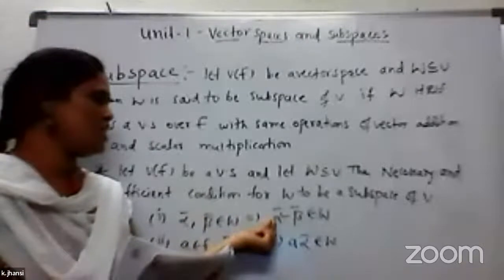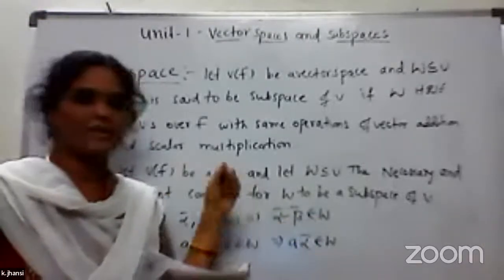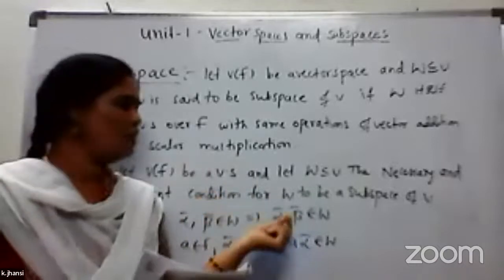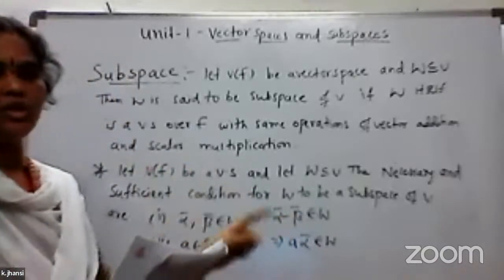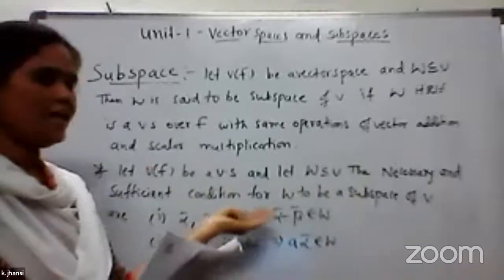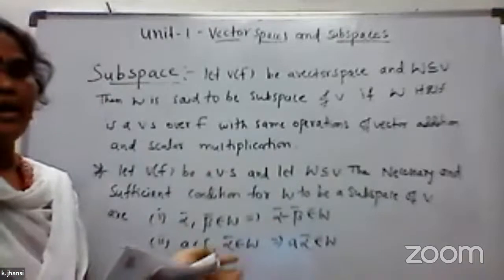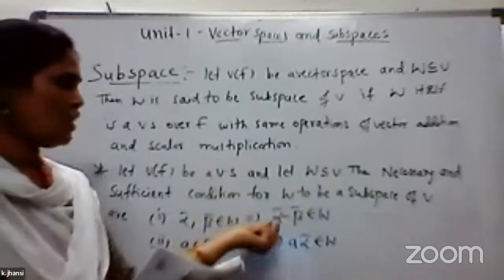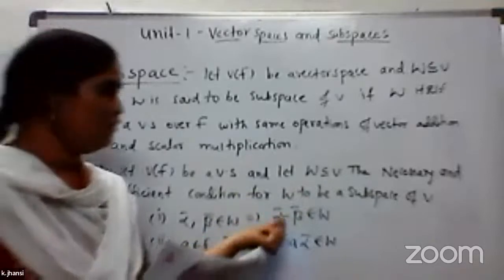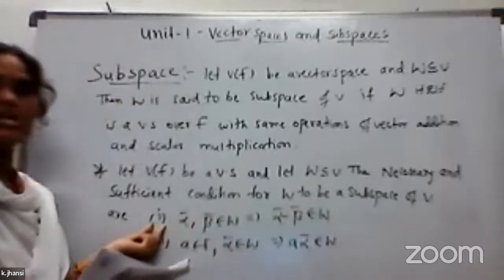If you take alpha as before, A1, A2, A3 up to AN, and beta as B1, B2, B3, and subtract the two, you will get A1 minus B1, A2 minus B2, A3 minus B3. If that resultant also belongs to W, then the first condition is satisfied.